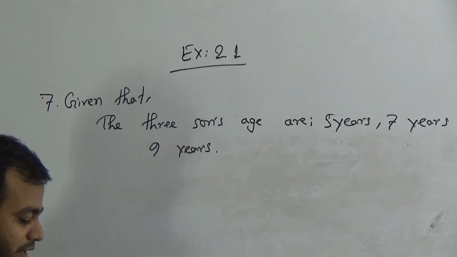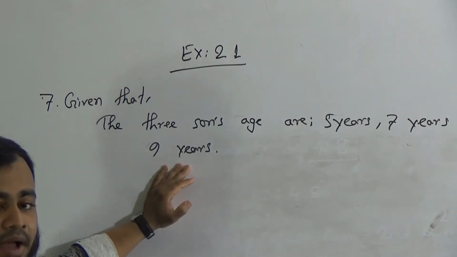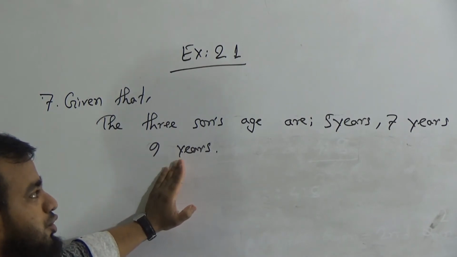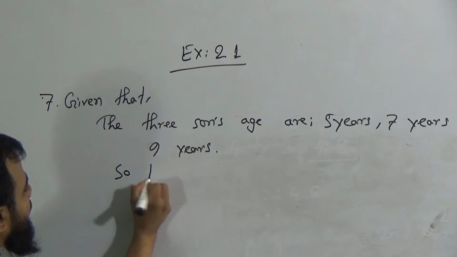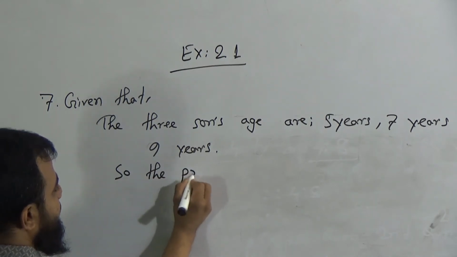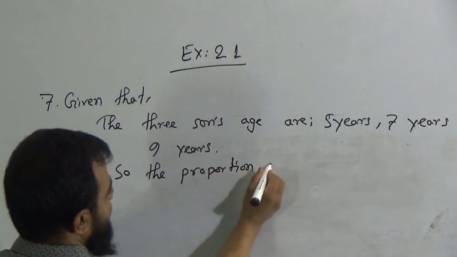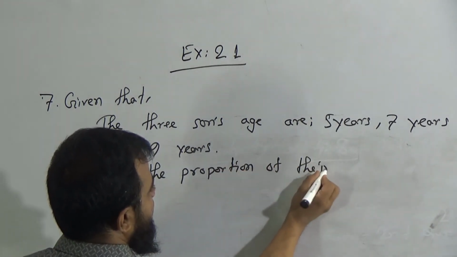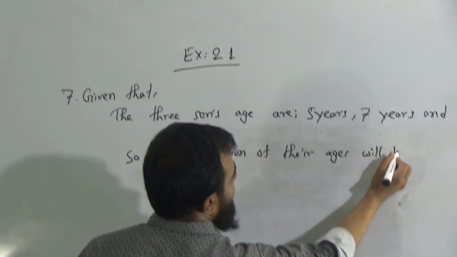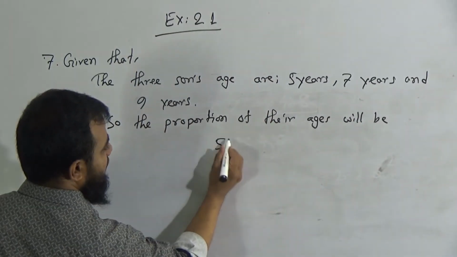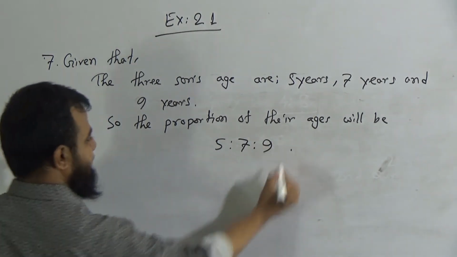So the total amount of taka is given to them in proportion. That means we need to find out the proportion of their ages. So the proportion of their ages will be 5:7:9. This is our proportion.